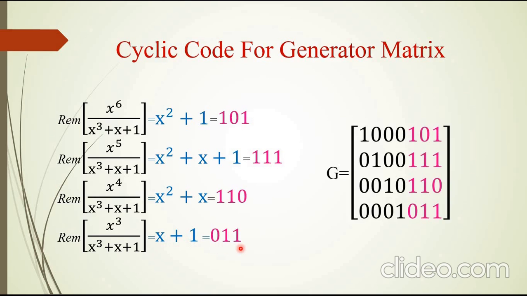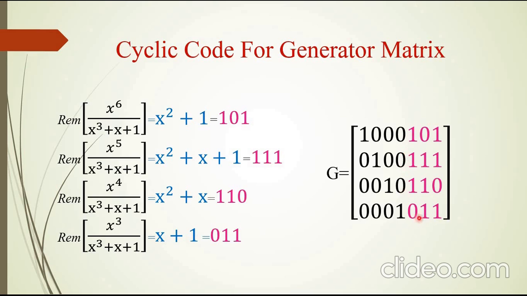Now just place these bits over here. And this will be 1, 0, 1, 1, 1, 1, 1, 1, 0, 0, 1, 1. So those are the parity bits which we have calculated.